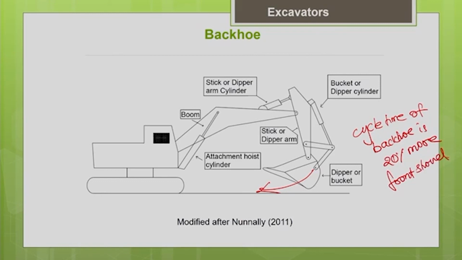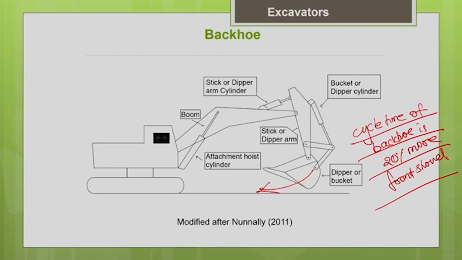The reason is, when the backhoe has to dump the material, it has to fully extend the arms and then dump it. That will take some additional time for extending the arms and dumping the material. That is why the cycle time of a backhoe is 20% more than the front shovel. Additional time is needed for dumping because it needs to completely stretch the arms.